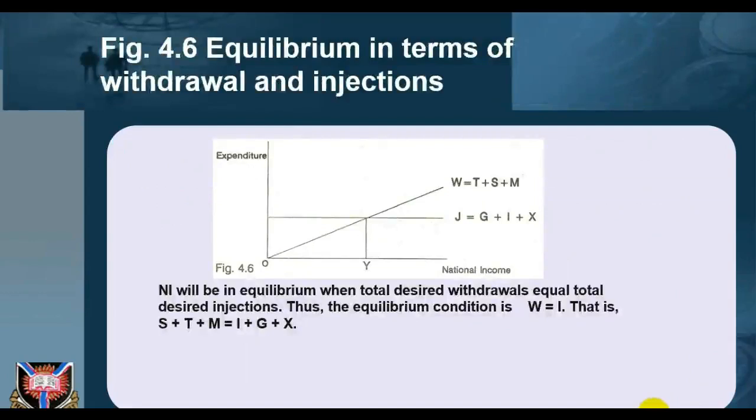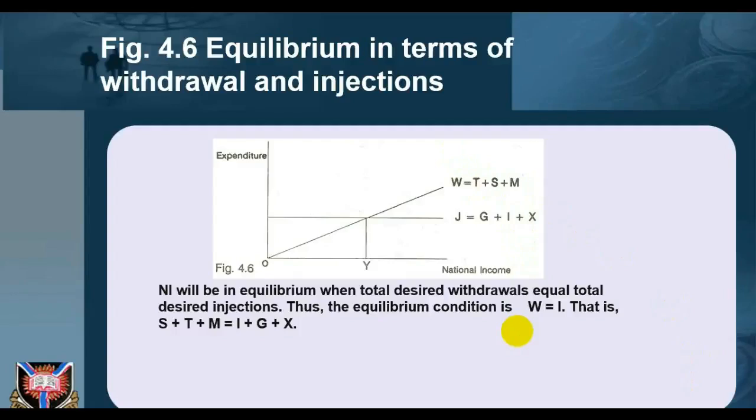The expansion will come to a halt when total withdrawals have risen to the level of total injections, and vice versa. National income will be in equilibrium when total desired withdrawals equal total desired injections. Thus, the equilibrium condition is, once again, W equals J, that is, savings plus tax plus imports equals investment plus government expenditure plus exports.